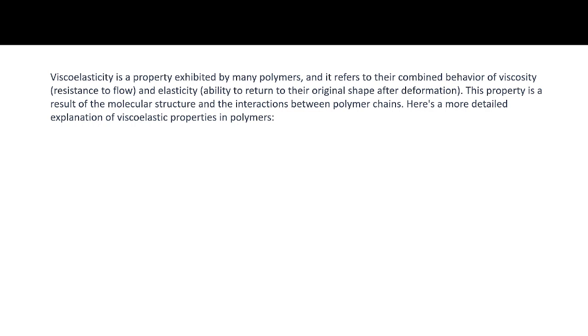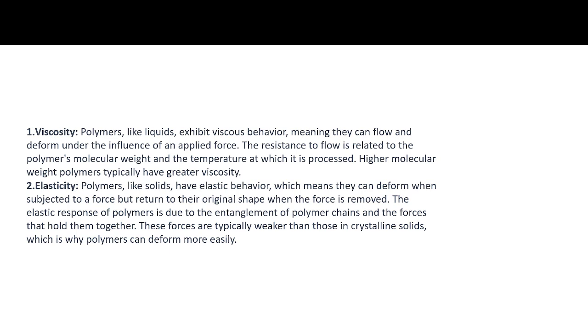Viscous behavior is where the polymer can show liquid-type behavior, that is, resistance to flow. Elastic behavior is that it comes back to its original shape after being changed by stress. So polymers have both behaviors, viscoelastic behavior.